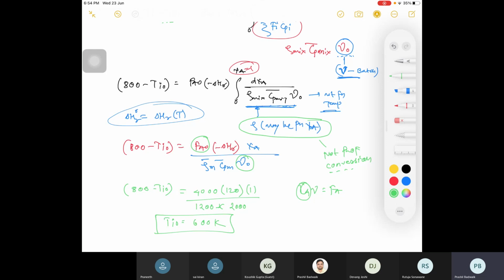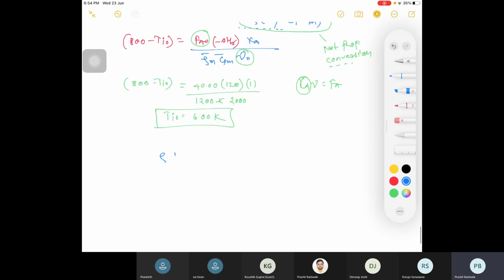So this was asked for 2 marks, right? The same way you need to keep this in mind. If density is not function of temperature, or if it is not function of conversion, then you need to take it out of integration. Everything is fine.